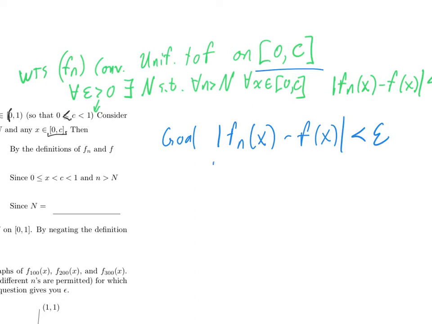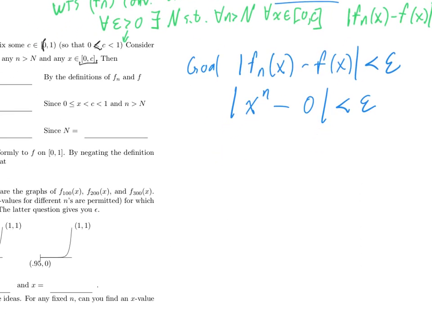So that means f sub n of x is x to the n, and f of x is 0. So that's what my goal really is. But I know that x is in [0, c], so this bit is less than or equal to just c to the n.